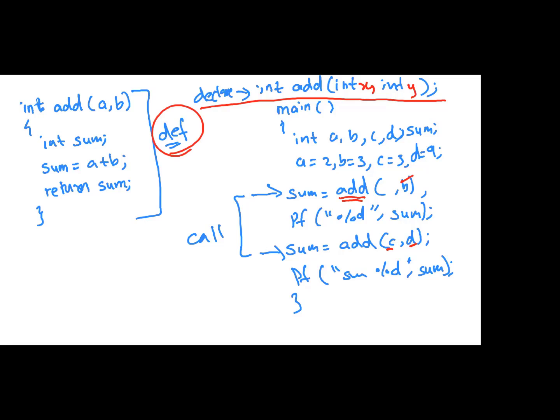When you define the function, the types have to be the same. Oh sorry, here it has to be again int a, int b. So this is how we define it, int a comma int b, and it has to be similar to your declaration, and then this is how you call it.